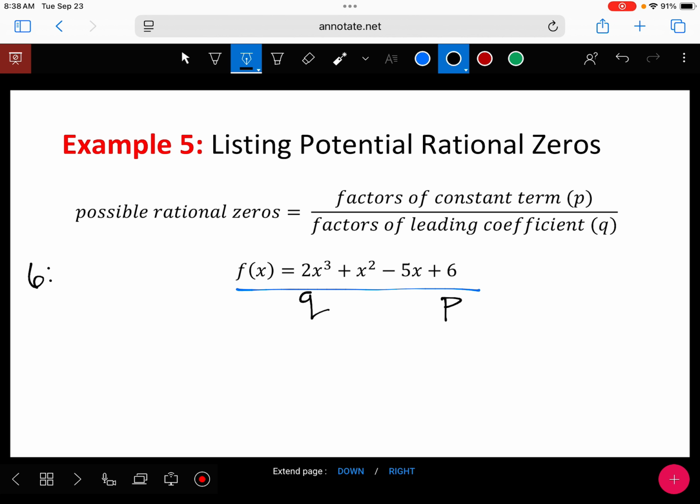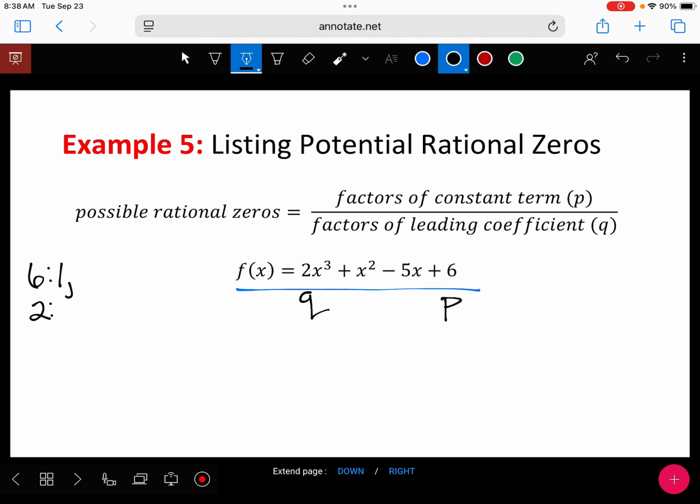So I have to list all the factors of 6 and all of the factors of 2. What are my factors of 6?